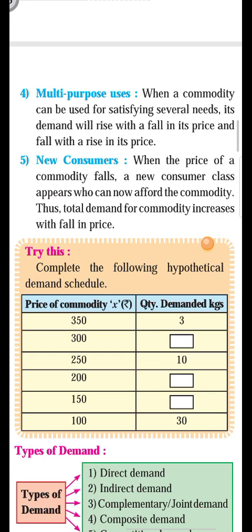When new consumers enter the market and observe that the price is low, only then will they demand more of the commodity. So new consumers demand more at a low price. Again there is an inverse relation between price and quantity demanded, therefore the demand is downward sloping from left to right.